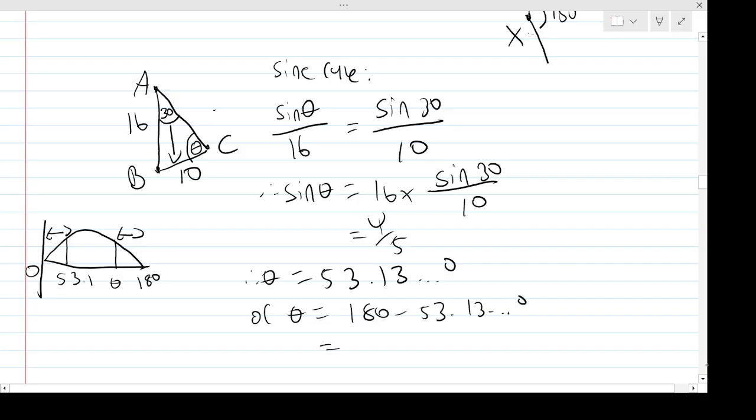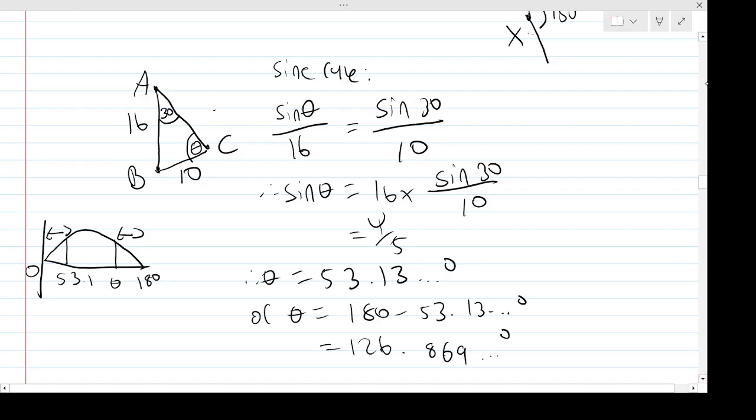So if I do that in the calculator, I get 126.869. Okay, but then I need to check if this second solution is valid, and it is in this case, because if I add this to the angle 30 in the triangle, I would get 156.869. 156 is below 180, so we can have that angle as well.